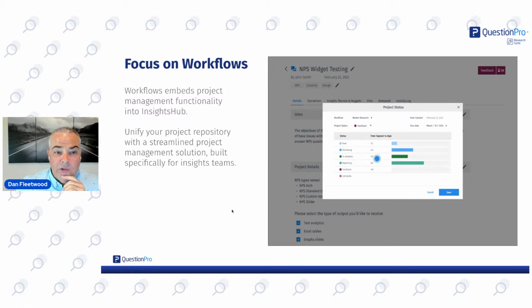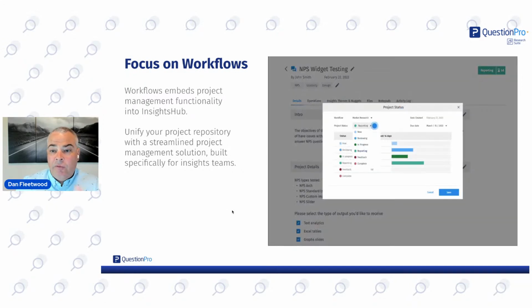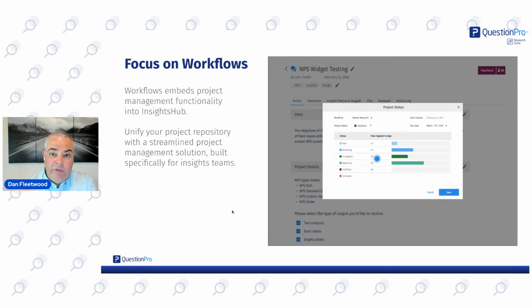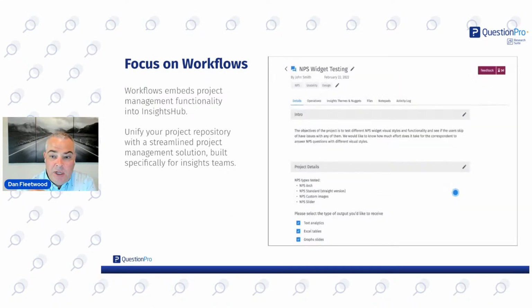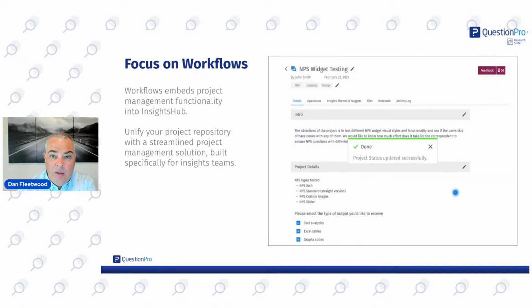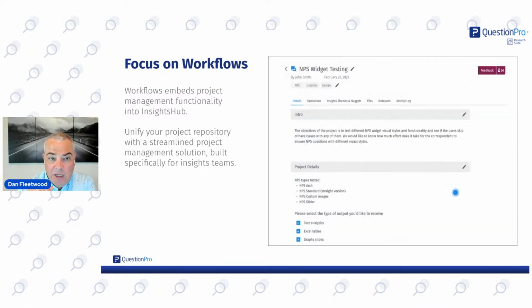Okay, then we also focused on workflows. You can embed project management functionality into Insights Hub. The different workflows on the different statuses of where this project's at go to everybody that is monitoring this particular project. So you can see here whether it's reporting, in progress, fielding, or completed, adding those different functionalities.